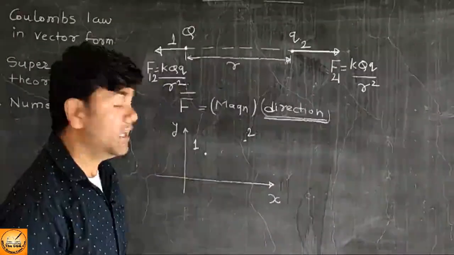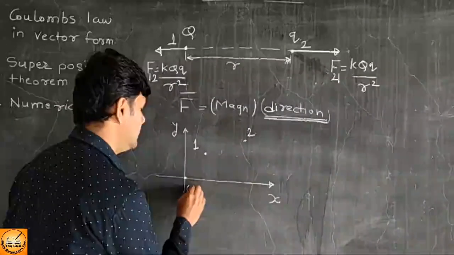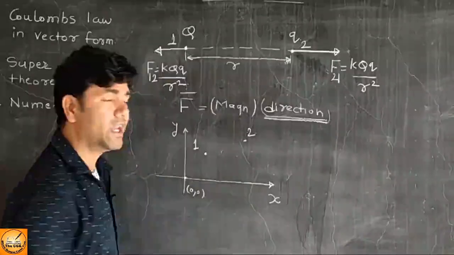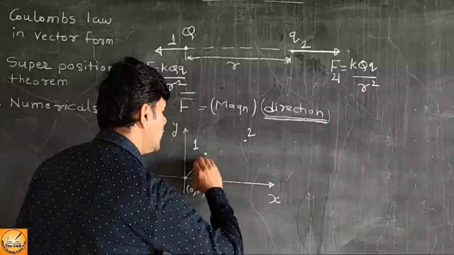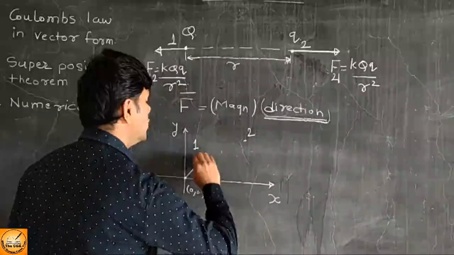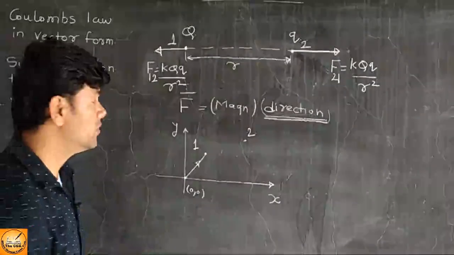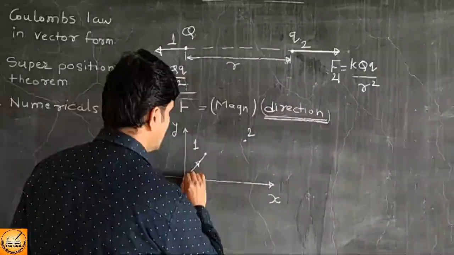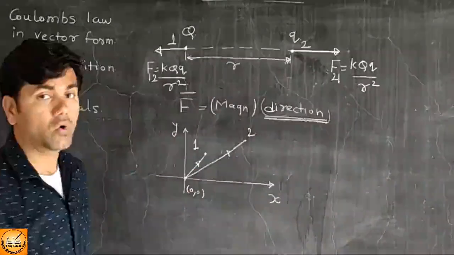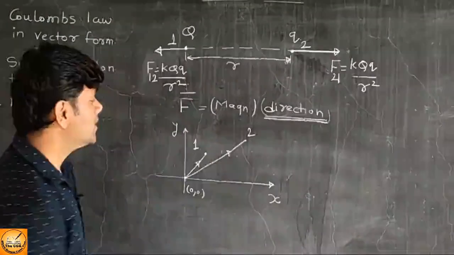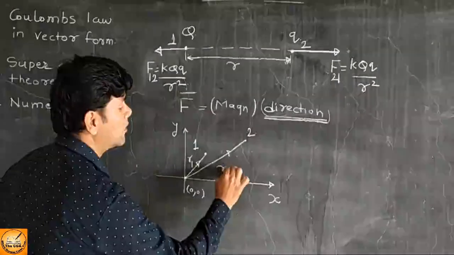If I want to tell the position of 1 with respect to the origin, let us say this is the origin. We represent 1 by a vector starting from the origin towards position 1, and for 2 we say it is towards 2 from the origin O. So these two are the position vectors, which we represent by R1 and R2.